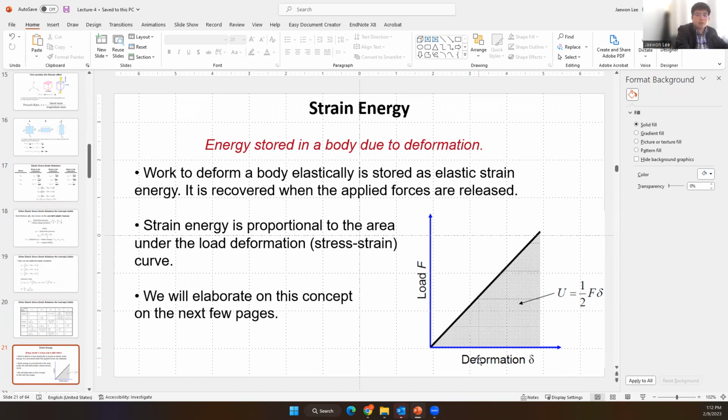So strain energy is directly related to the deformation when we apply the force. If we know the deformation of materials, we can calculate the energy based on this graph.